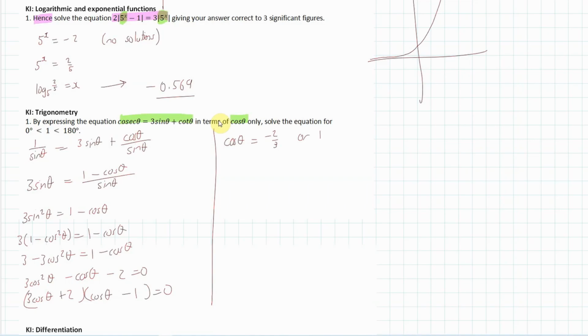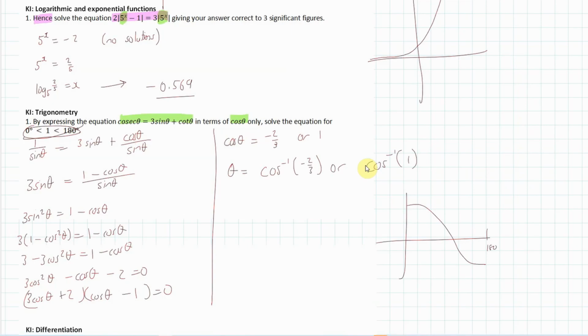And we're looking at the range between 0 and 180. So we have theta equals inverse cosine of negative 2/3, and I should say, this is 180 here, and we're looking between 0 and 180.